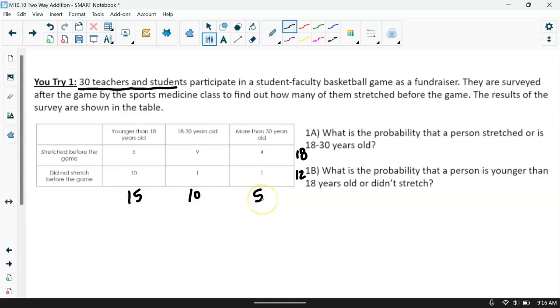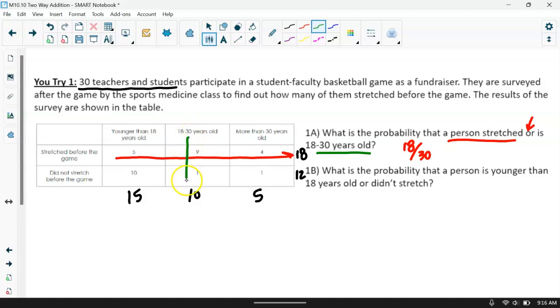What is the probability that a person stretched or is 18 to 30 years old? What's the probability that a person stretched before the game? 18 out of the 30. Then what is the probability that a person was 18 to 30 years old? 10 out of the 30.